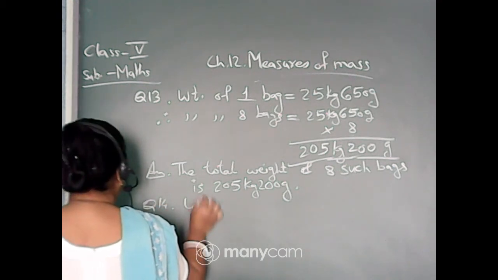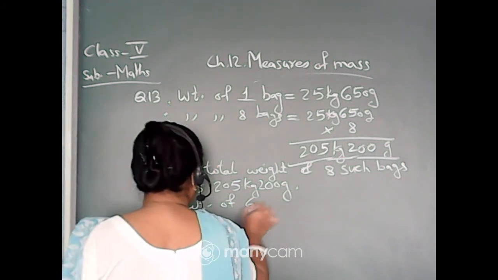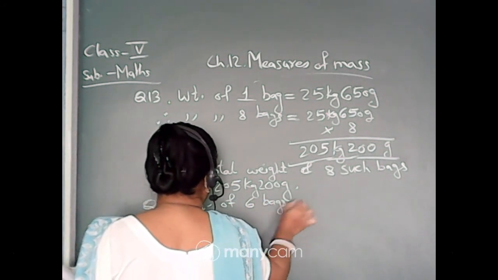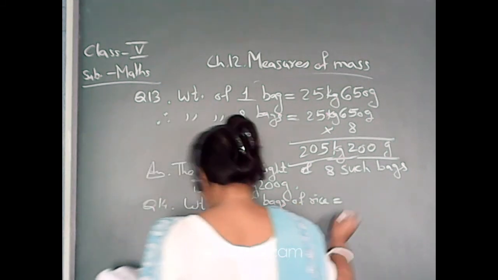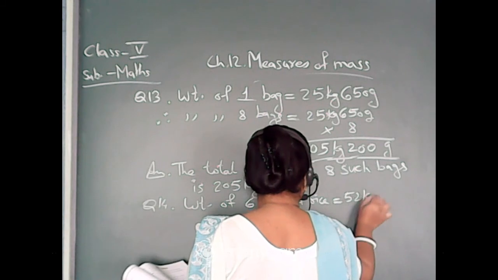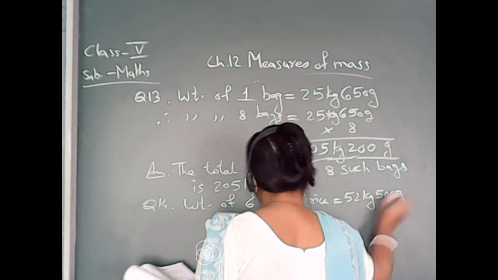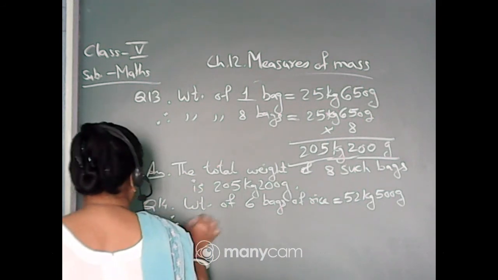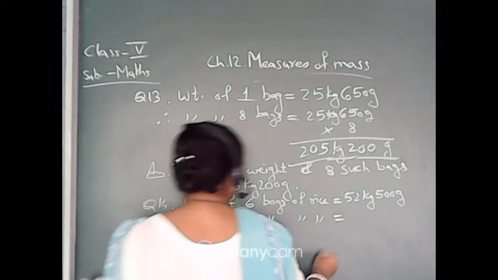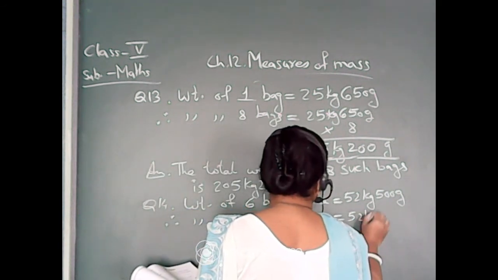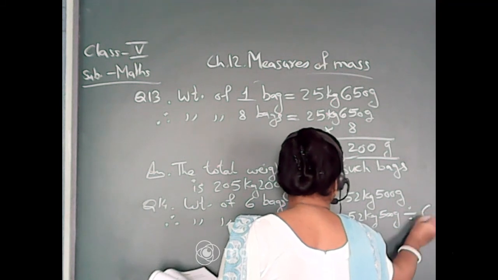You will write weight of 6 bags of rice is equal to 52 kg 500 gram. Therefore, weight of one bag of rice is equal to 52 kg and 500 gram divided by 6.